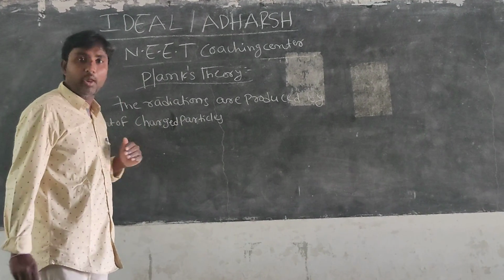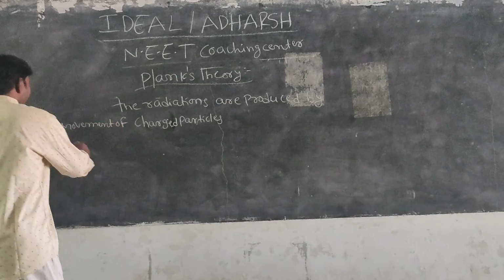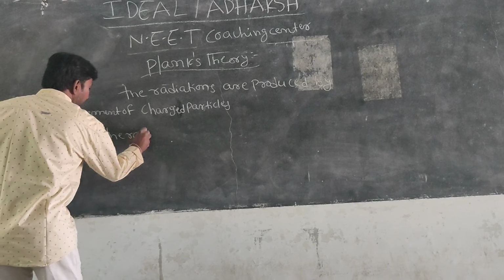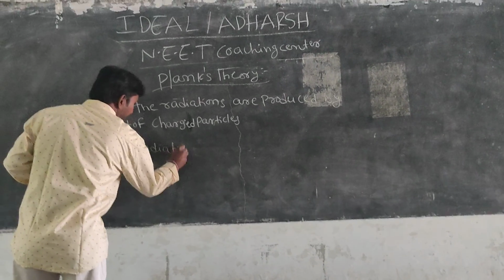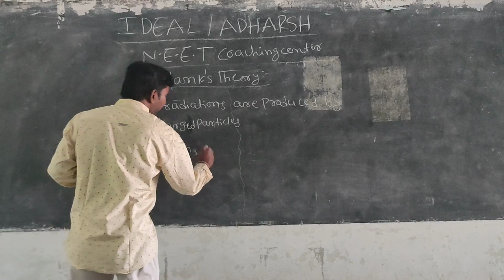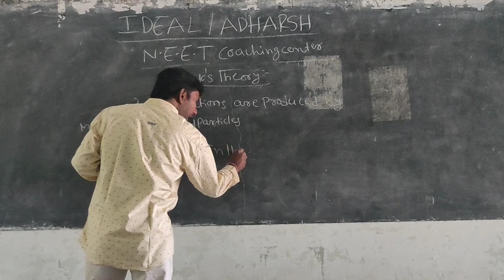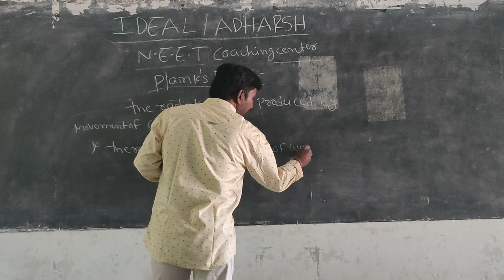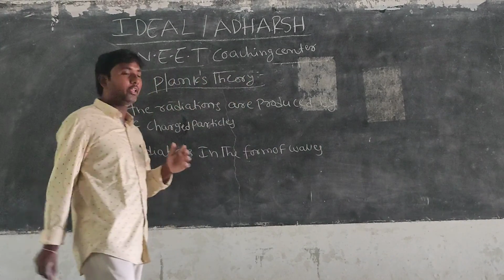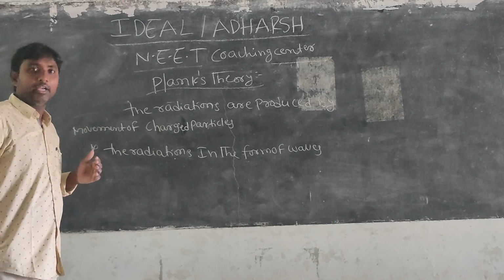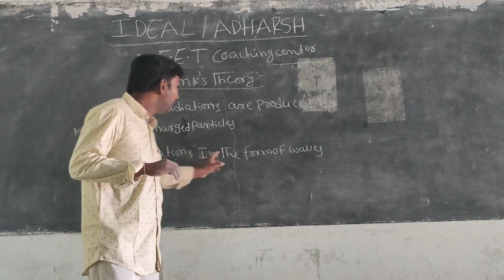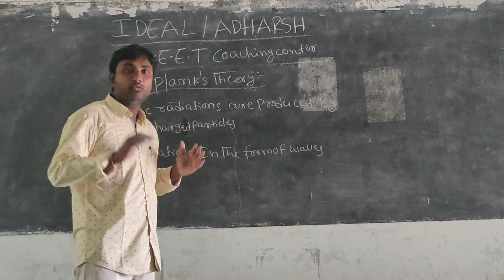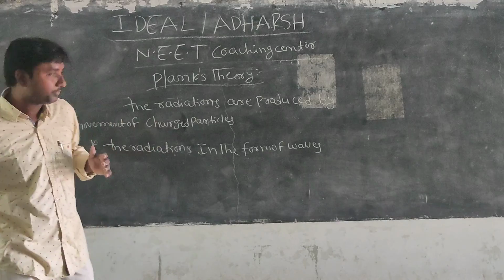According to Planck's theory, the radiations are in the form of waves. Maxwell also explained the same thing, but Planck gave one extra point.